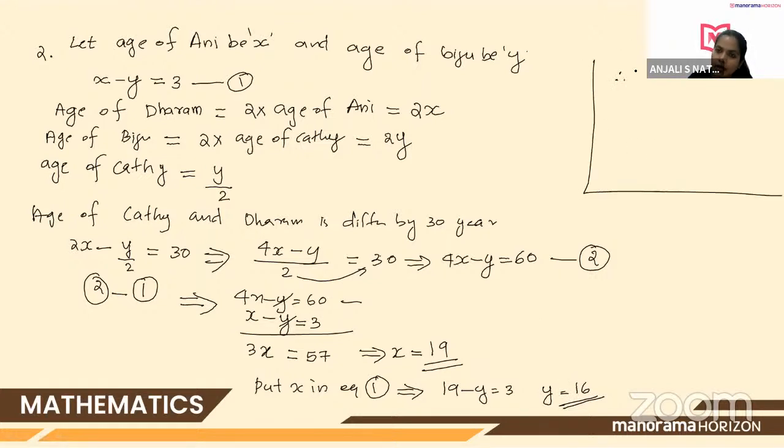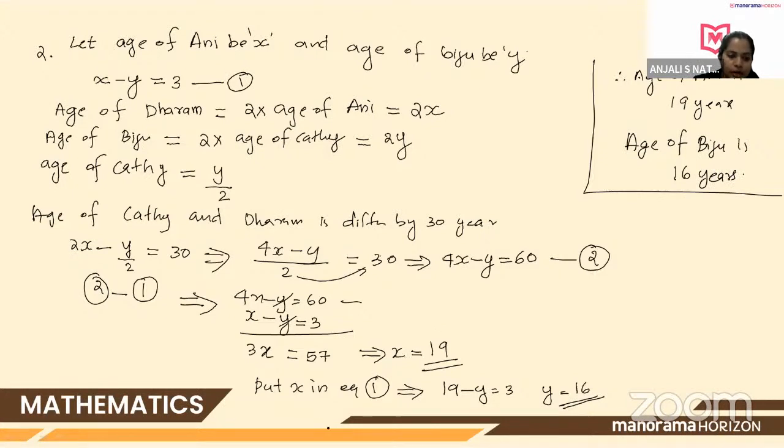Therefore, the age of Ani is 19 years and the age of Baiju is 16 years.